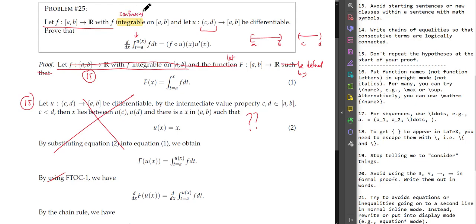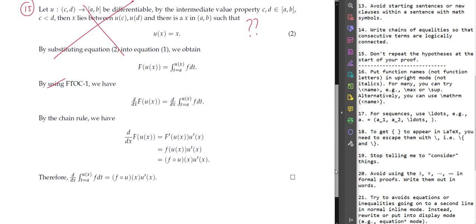You can always define F, but if you want it to be differentiable, then you need little f to be continuous. At least that was our version in class. That's something you should be aware of, and you need to cite it. So since f is continuous, we can apply FTC1, and we get that this derivative is equal to this derivative.